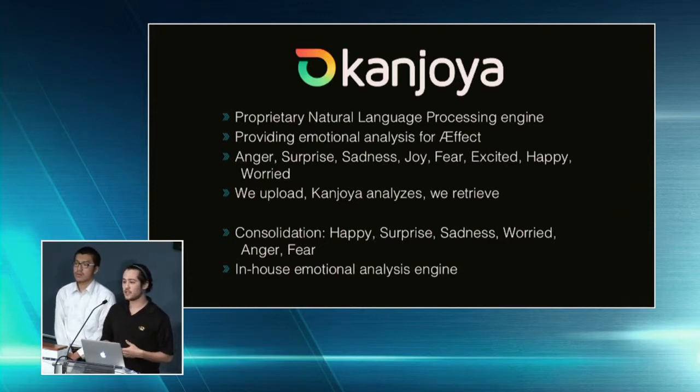We did consolidate the 8 emotions that they map to, which are anger, surprise, sadness, joy, fear, excited, happy, and worried, down to 6, which you saw inside the app, which are happy, surprise, sadness, worried, anger, and fear.